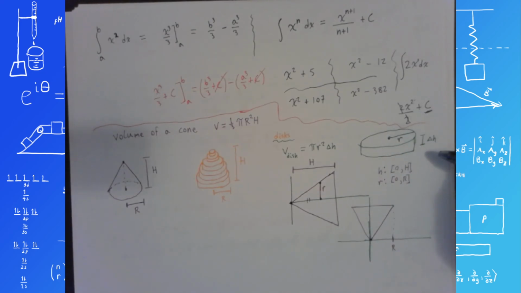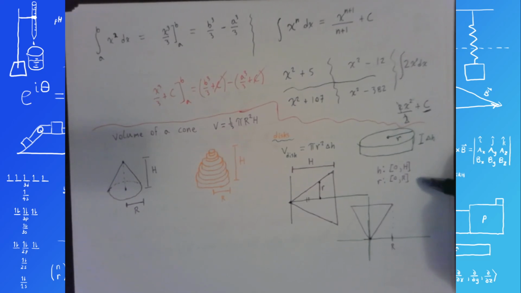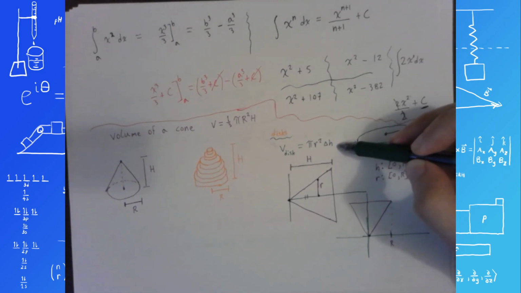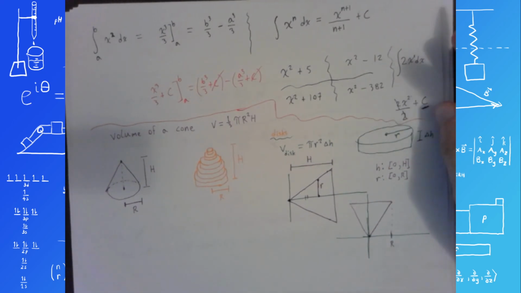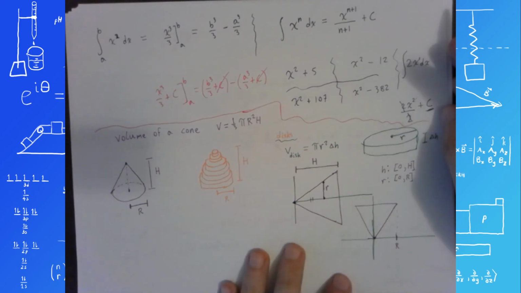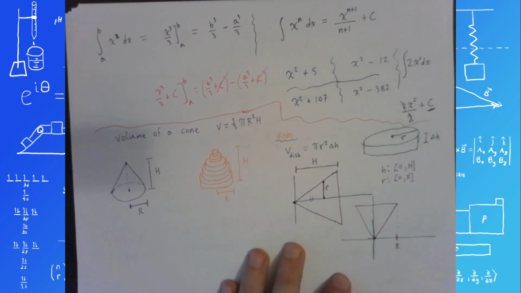I want to take the perspective that we are actually going to be stacking these from a radius of 0 to a radius of big R. I think that might be the better way to go about it. Well, I'll think about it some more. Let's just keep moving with this formula, and then we'll decide whether we want to define our bounds in terms of h's or in terms of r's.